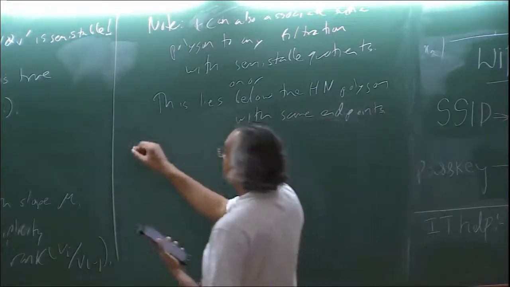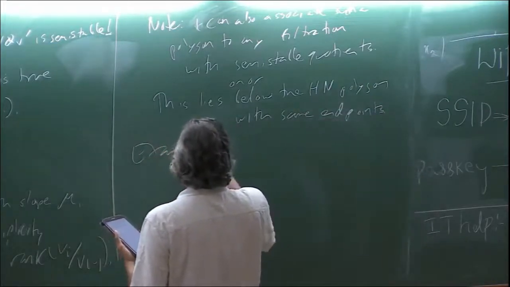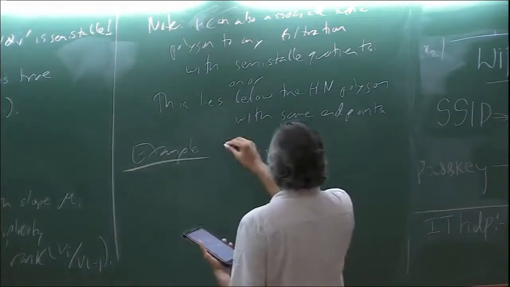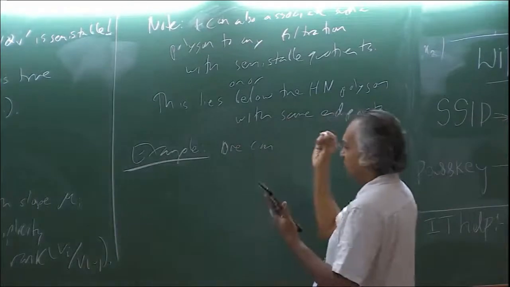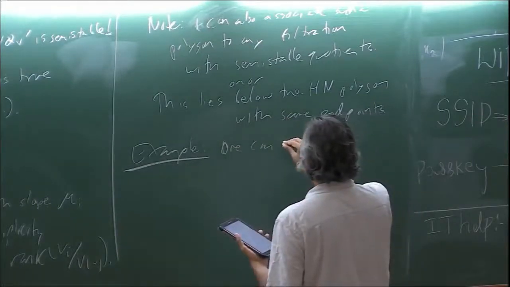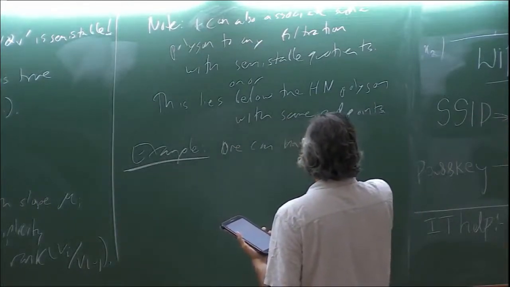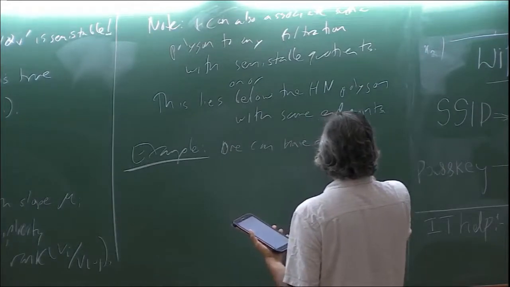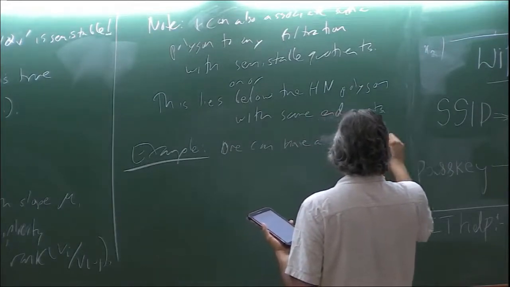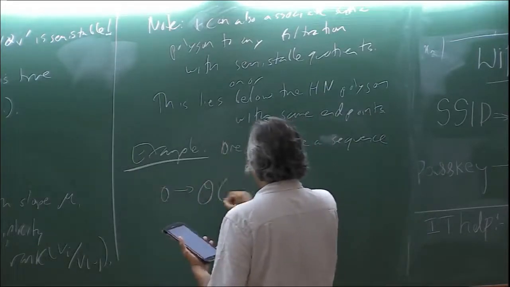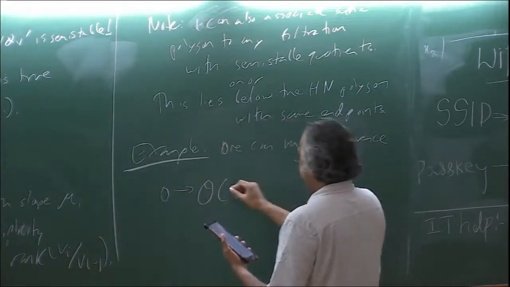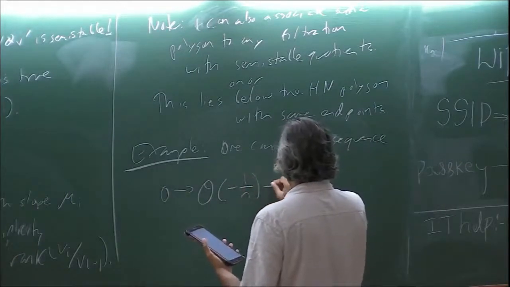For example, and this example will be crucial in the proof of the classification, so I mention it here, and of course it's also crucial for p-divisible groups, maybe we'll see that, one can have a short exact sequence where the sub is, which way do I want to do this? Let's say O(-1/n).